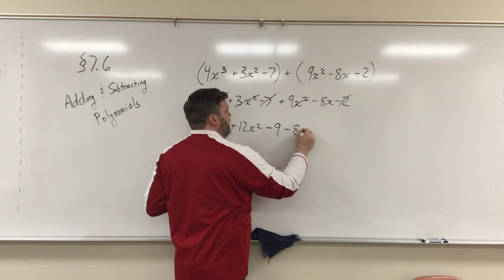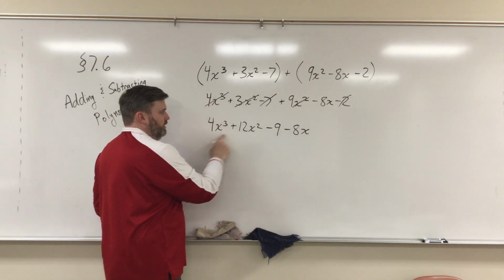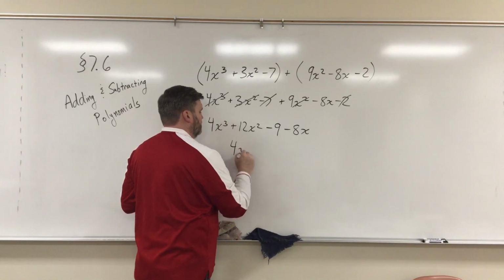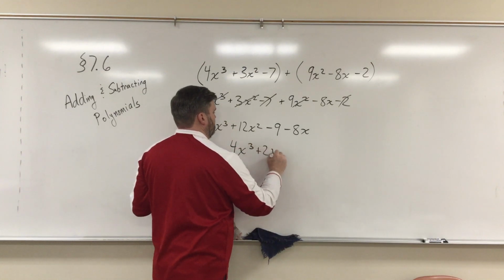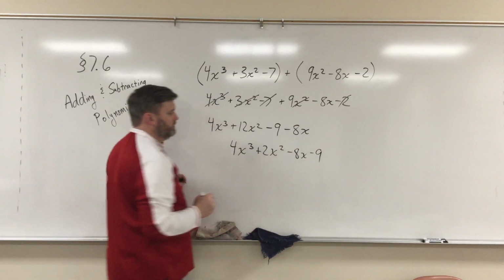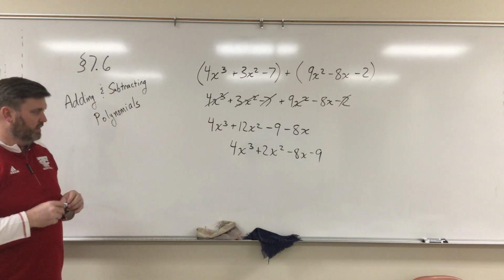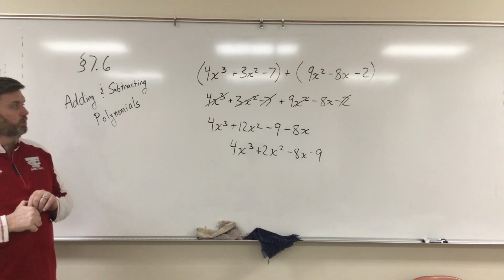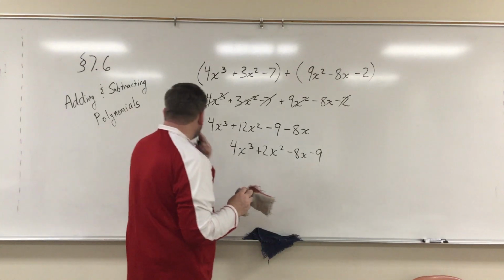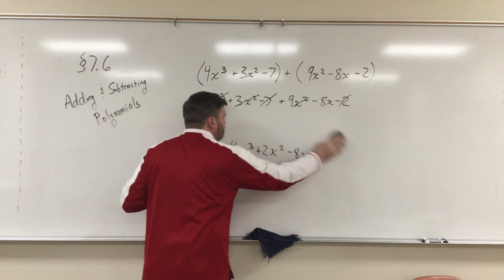And then minus 8x. 3, 2, 0, 1. So these need flip-flopped around. And now it is in standard form, and I end up with a cubic polynomial.